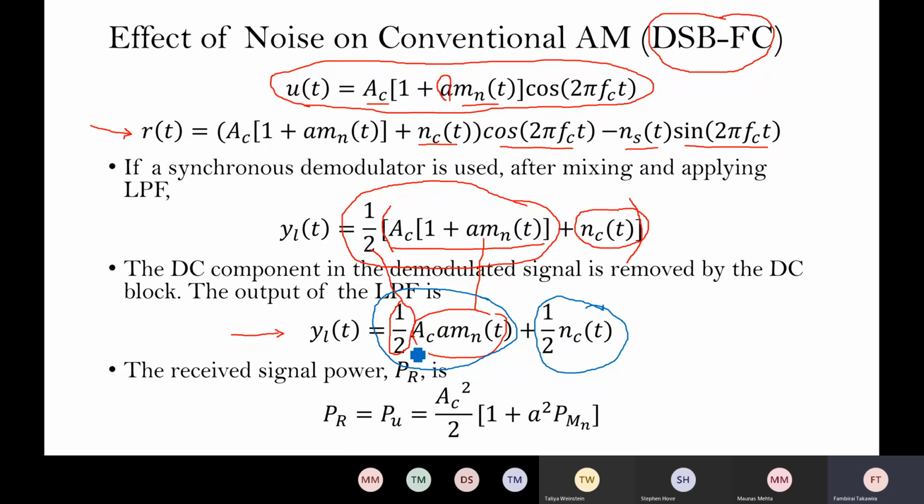Now, the power of the first term is simply 1/4 A_c squared, small a squared, times the power of m_n. And the power of the noise component would also have a factor of 1/4, because we simply square whatever multiplier we have, from amplitude to power. So it will be 1/4 times the power of n_c of t.